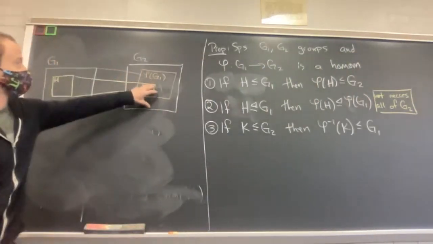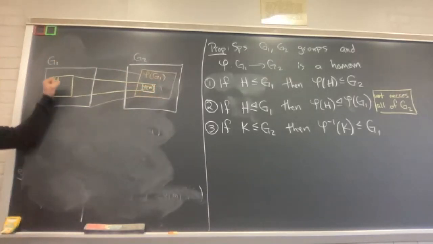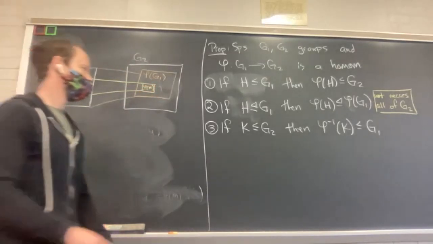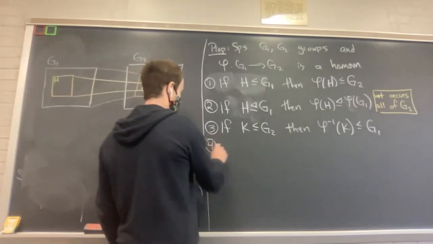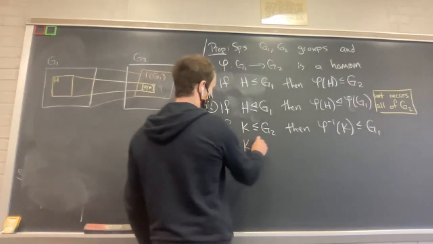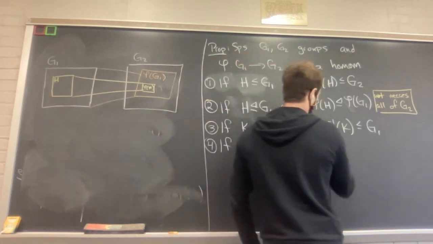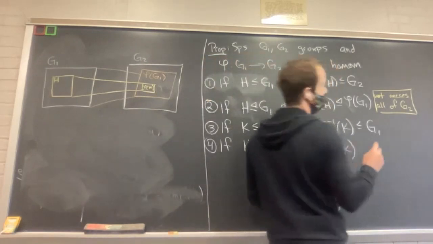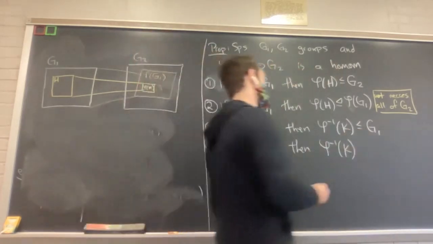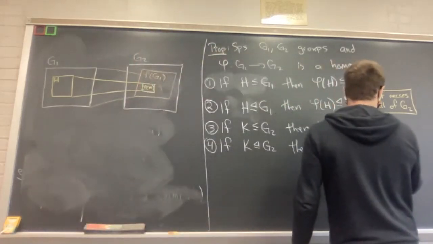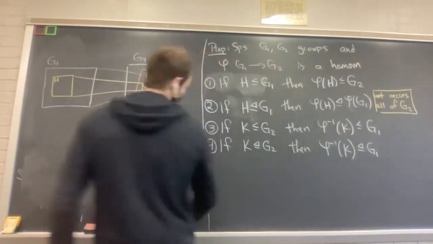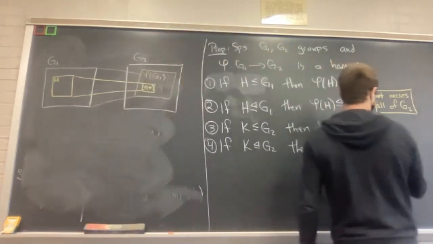So that means if you've got a subgroup over here, you can pull it back to a subgroup over here. And then finally 4, if K is a normal subgroup of G2, then phi inverse of K, the pre-image of K, is a normal subgroup of G1. And I didn't make a mistake there. That's the entire group.